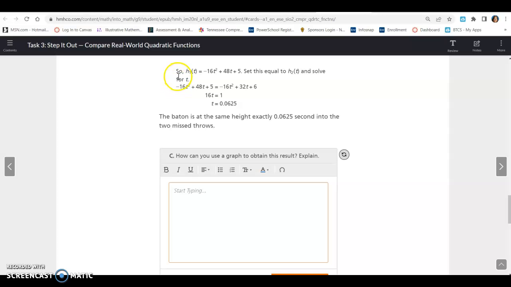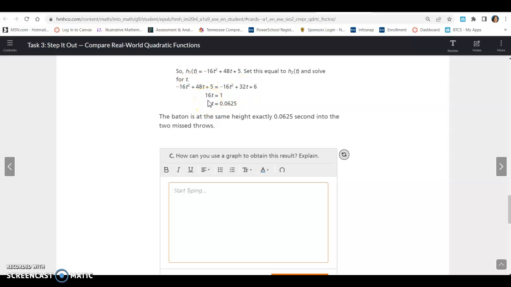All right, so h(t) equals negative 16t squared plus 48t plus 5, using the number we just found for v sub 0, which is 48. Now set this equation equal to h2(t) and solve for t. So we're setting h1 and h2 equal, and we're just trying to find out when the times are equal to each other.